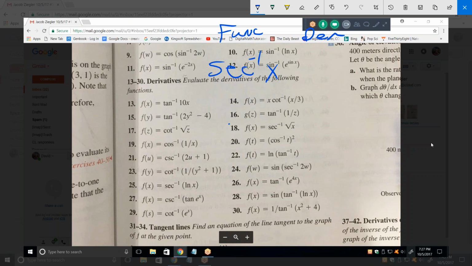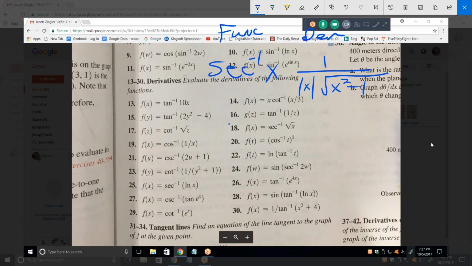Okay, it's close to the one for inverse sine. There's a radical sign. Remember the sine one was the square root of 1 minus x squared? Well, secant is the square root of x squared minus 1. But there's also the absolute value of x in front. So that's the derivative of inverse secant.